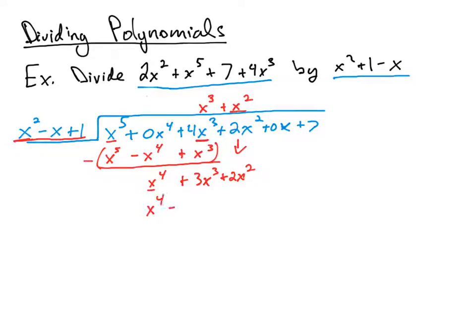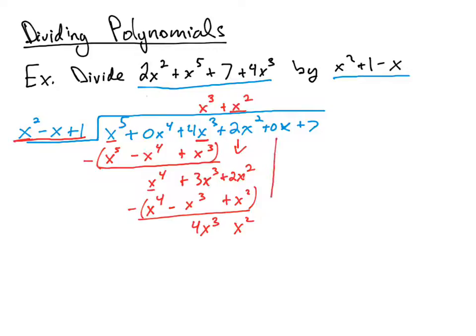We'll have x to the fourth minus x cubed plus x squared, and then we subtract. 2x squared minus x squared is 1x squared. 3x cubed minus negative x cubed will be plus 4x cubed. And then x to the fourth minus x to the fourth, we'll have 0 there.